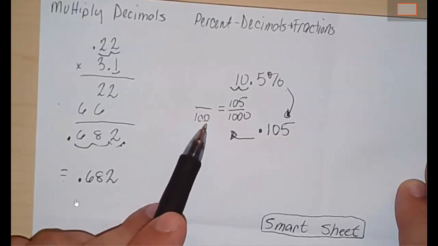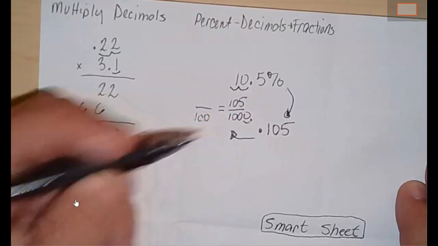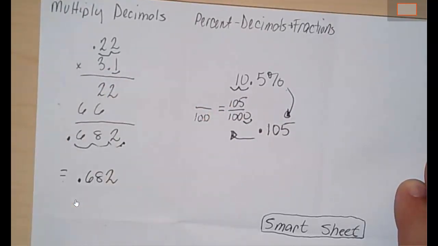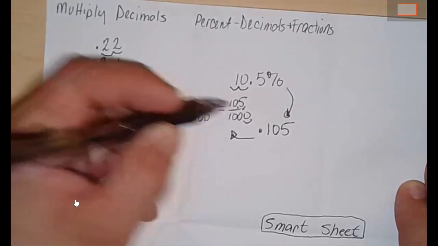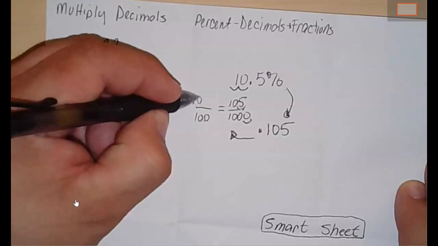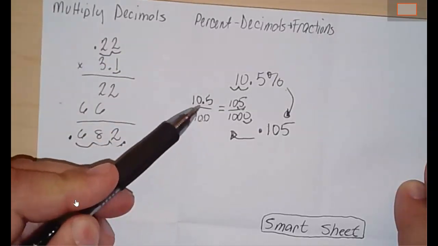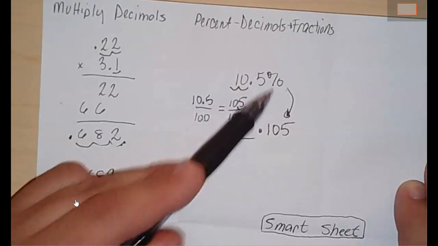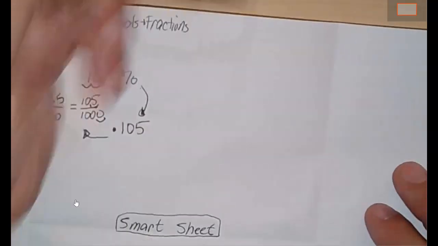Per cent. So we go over here and we do a bunny hop. So I have to do the same thing up here and bunny hop. So I get 10.5%. Okay. Alright, let's go to this next one.